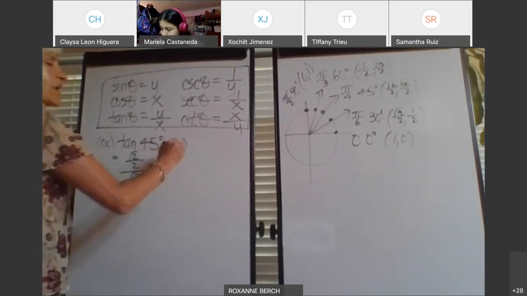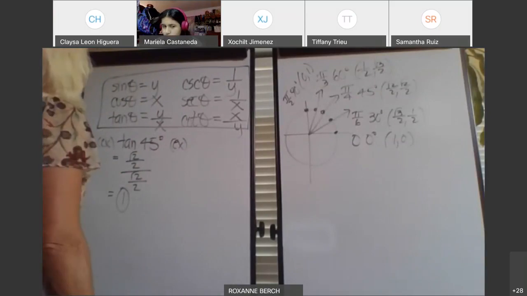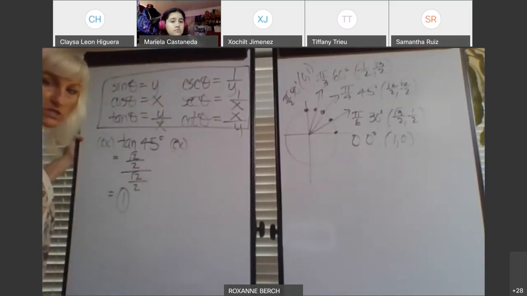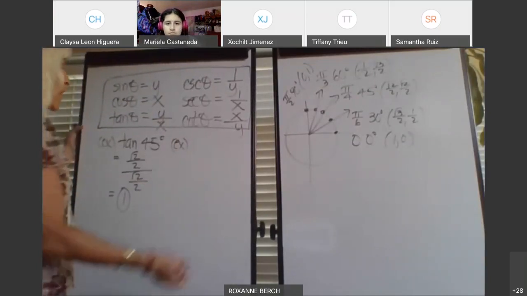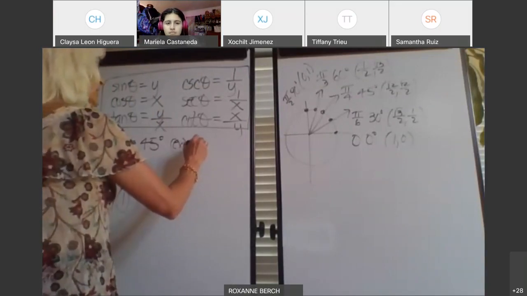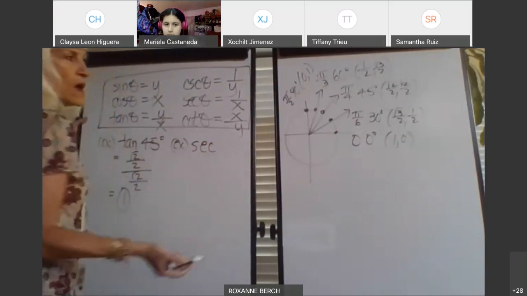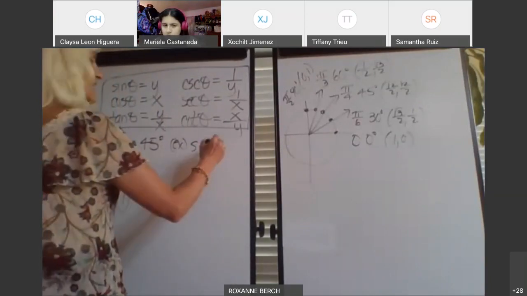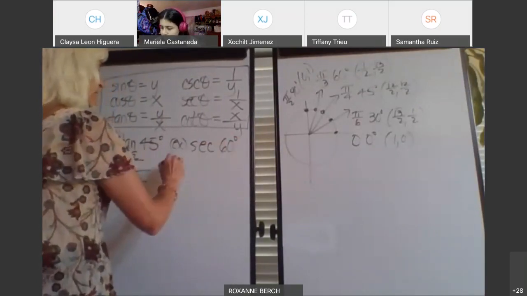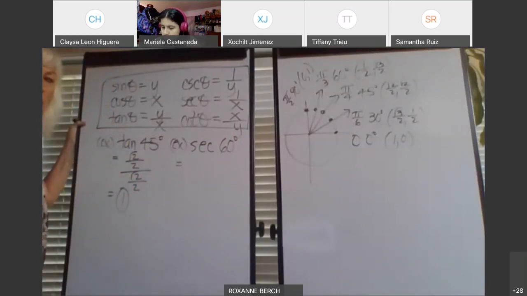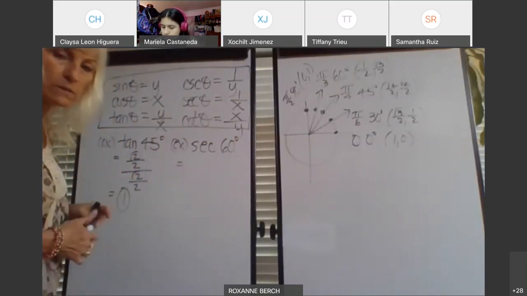Okay, let's get a little bit harder now. Let's do one of the reciprocals. So what if I asked you for secant of 60 degrees? Well, here's what you're going to do.